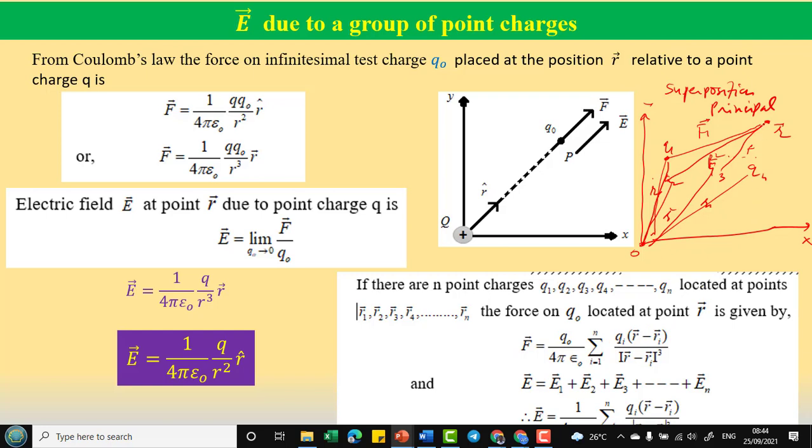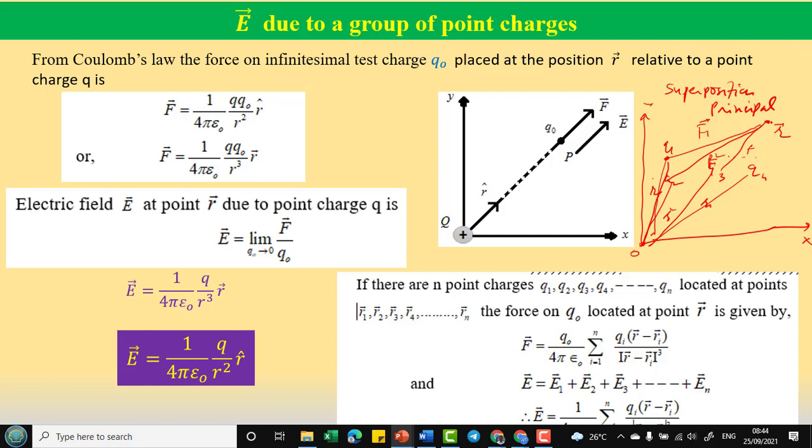So what we will find is how much force is acting on this particular point due to these individual charges. The total force acting on this point, that is, whatever unit positive test charge we are going to place at that point, q naught here. So we will find the individual forces acting at this particular point, and then the total force acting on this charge, which is our test charge, is going to be the vector sum of all these forces.